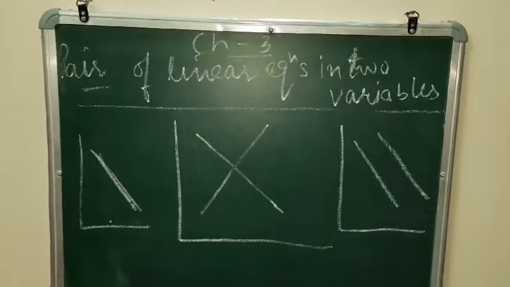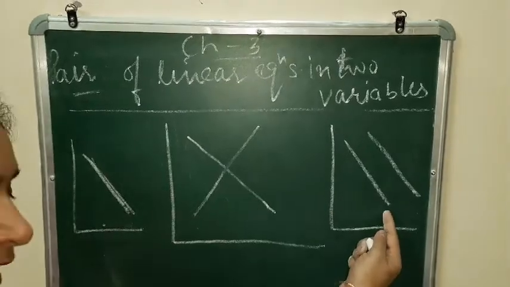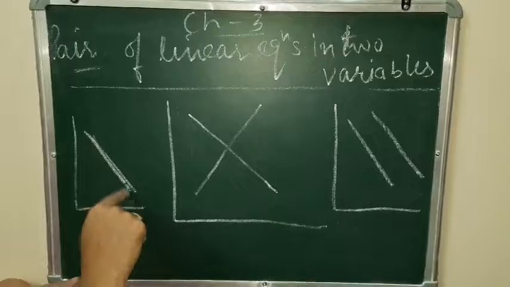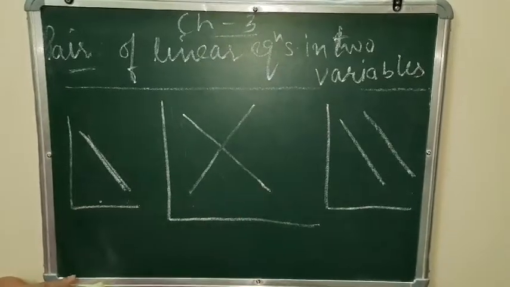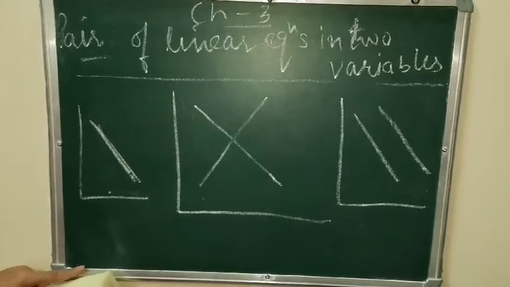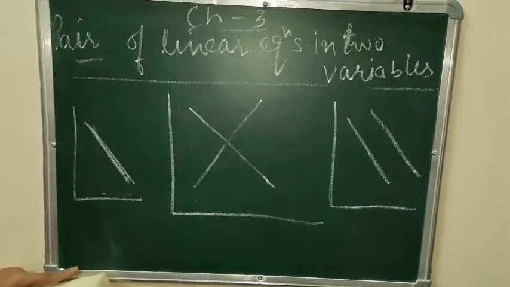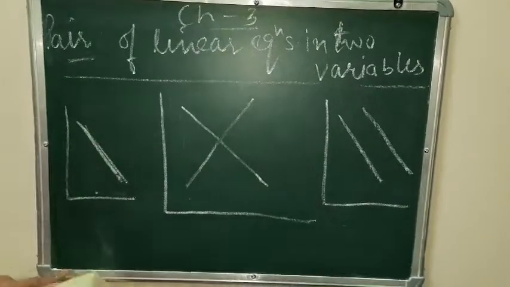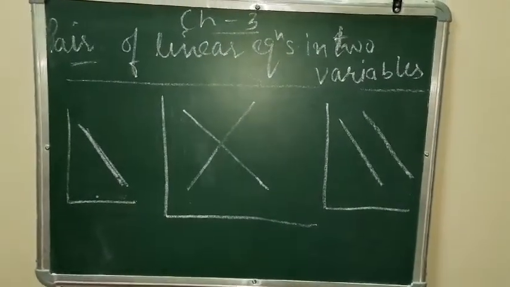Lines can cut each other, lines can be parallel, or both the lines coincide. These are the three options which you can have whenever you are talking about a pair of linear equations. So our graph will be either this one or this one. Out of these three, any one graph can be there.